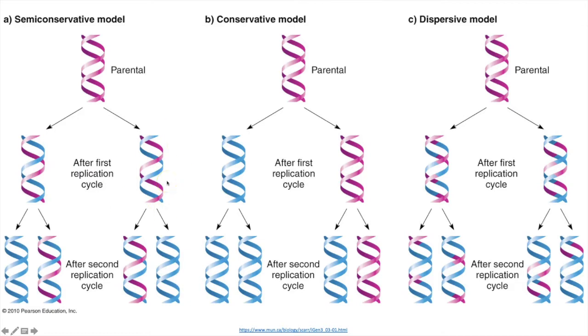And then they would allow replication to happen again. And so now they have 1, 2, 3, 4 cells, and they still only have 50% of those daughter cells that have that radioactivity in their DNA. Now, what does that tell us? Well, that tells us that each of these parental strands, because there's 2 strands of DNA, each one is being pulled apart and then having a new strand added to it, a complementary strand.